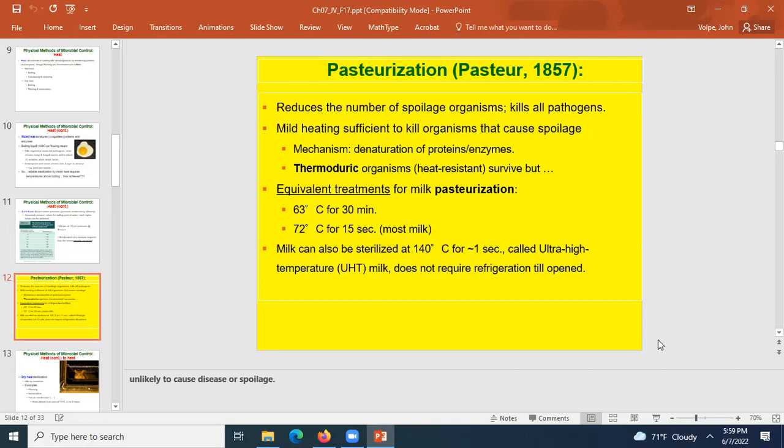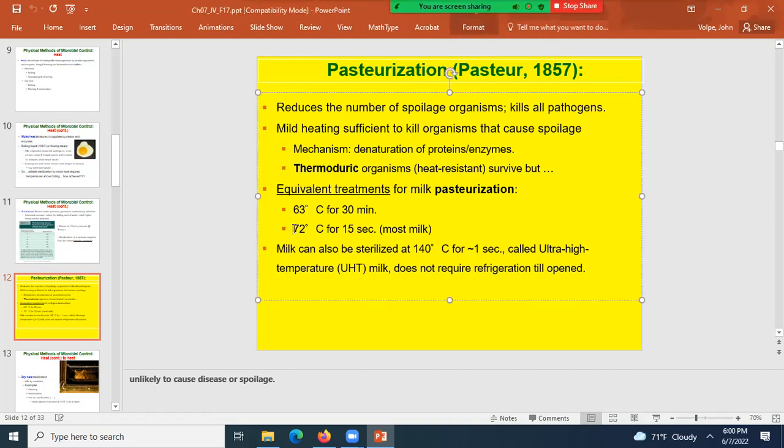There are two methods to pasteurize milk and most other agents that are pasteurized. You can expose the agent or the milk to 63 degrees Celsius for 30 minutes or to 72 degrees Celsius for 15 seconds. Most milk that is pasteurized today is treated at 72 degrees Celsius for 15 seconds.